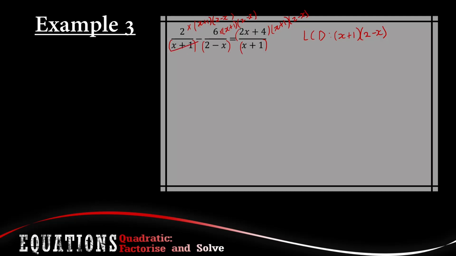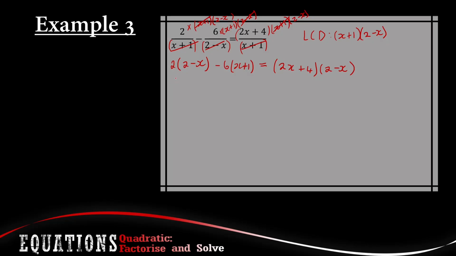So this is x plus 1, they cancel. Then we are left with 2 minus x minus 6. This 2 minus x and this 2 minus x cancel. 6 times x plus 1 is left, equals x plus 1, and then you're left with 2x plus 4 and 2 minus x. Okay, now we are going to multiply out the brackets.